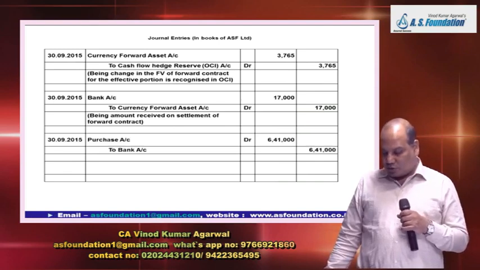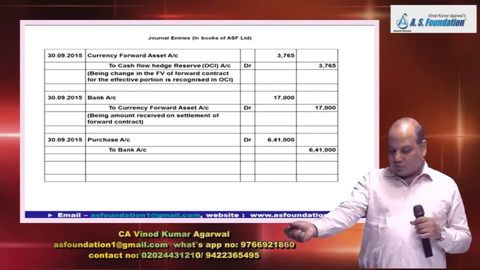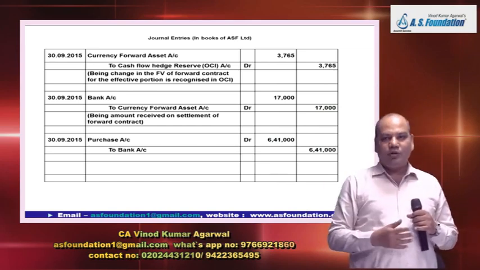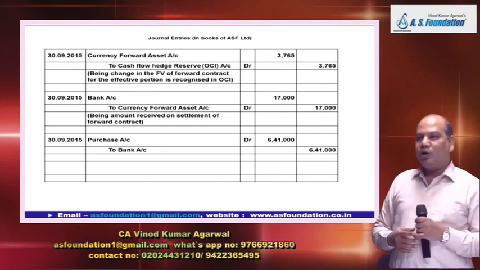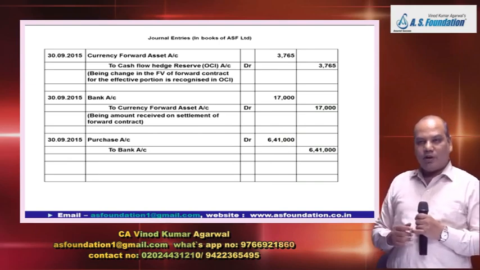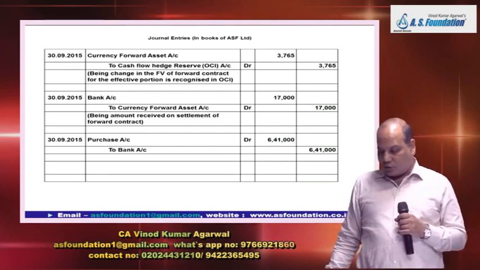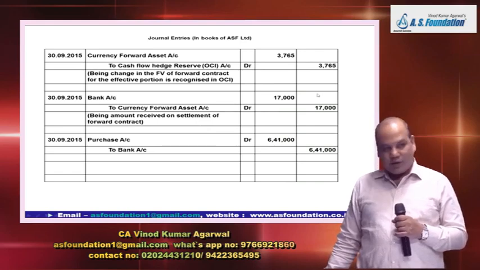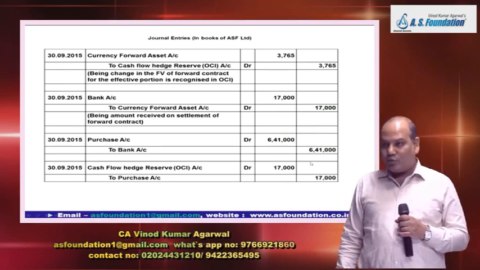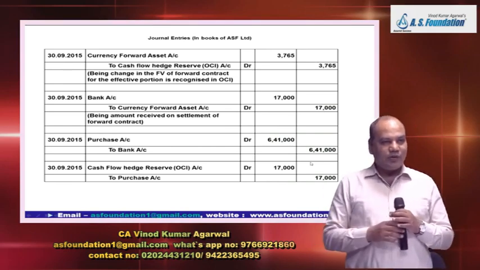Now I go to purchase the goods in the market. Market value of dollar is 64.10, so I need to pay $10,000. So I will buy dollars from the market. Entry: purchases account debit to bank, 10,000 into 64.10. But don't worry, you have earned 17,000 rupees, so your effective purchase cost will get reduced. So write one more entry.